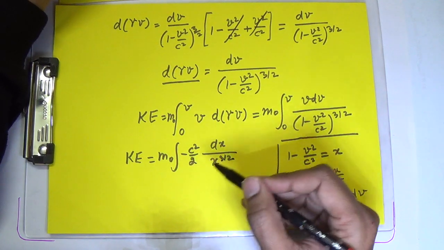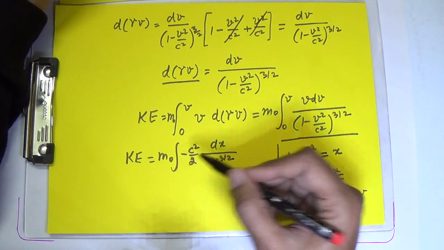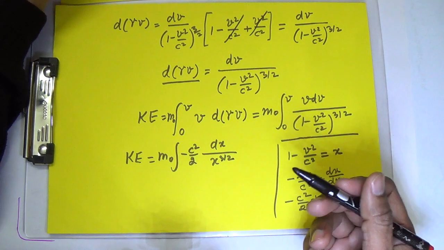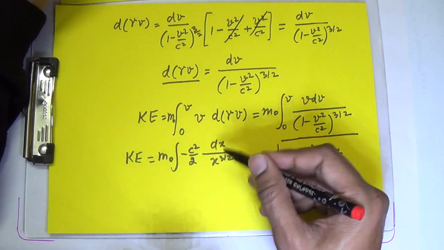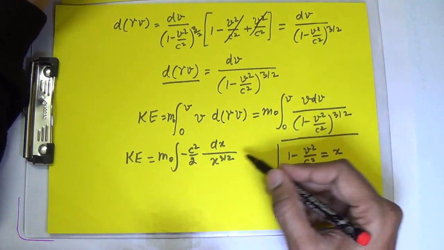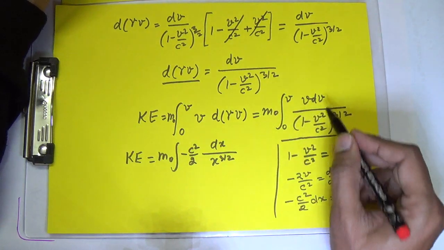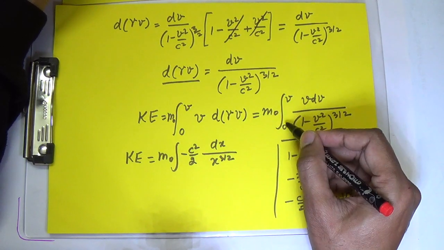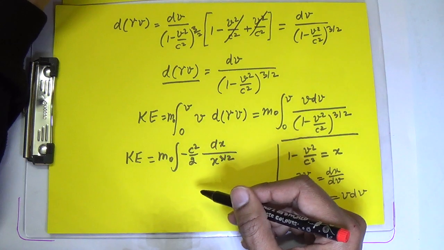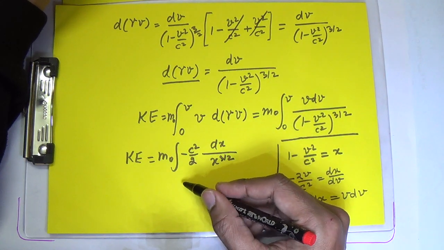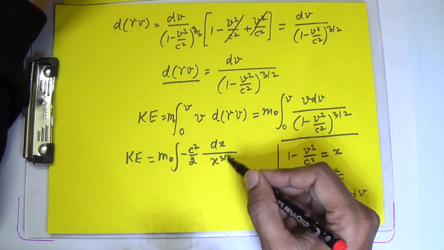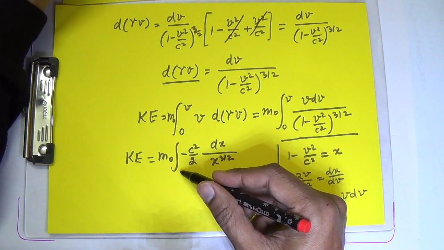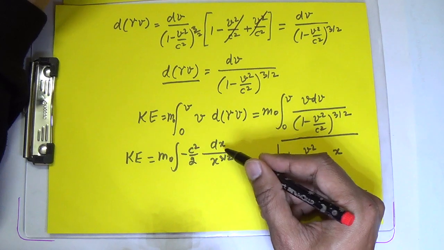Now the limit will be 0 to x, you can say right now, or I have to use this just for simplification of this integration. Ultimately I have to use the velocity limits for the kinetic energy, but right now this is differentiation with respect to x, so I can use 0 and x.